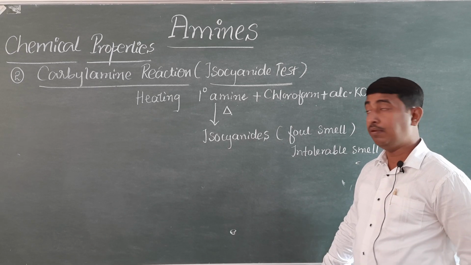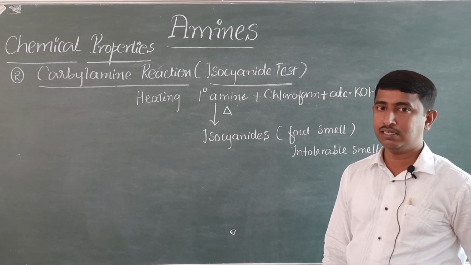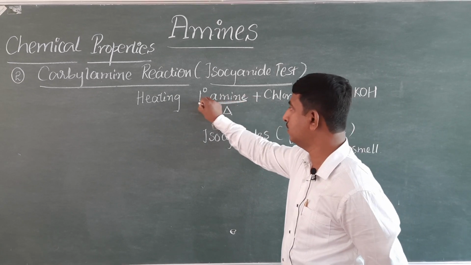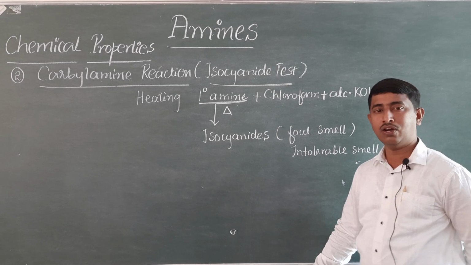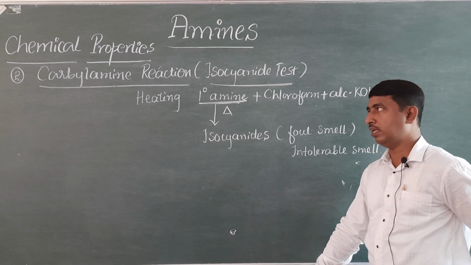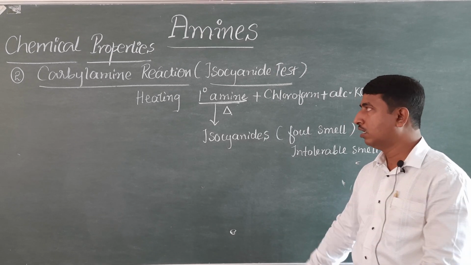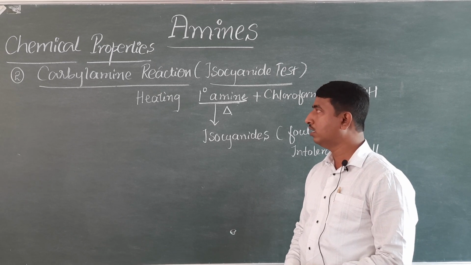Remember, the carbylamine reaction is answered only by primary amine. This reaction is not seen in the case of secondary and tertiary amines. So secondary and tertiary amines do not answer the carbylamine test or isocyanide test.